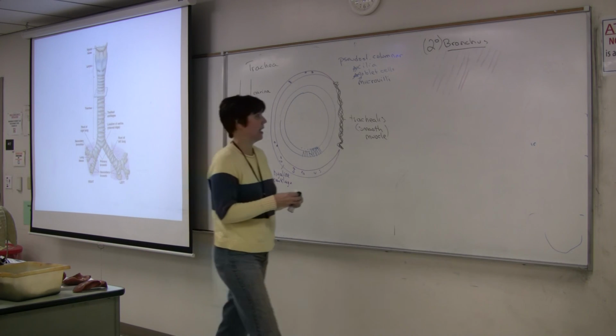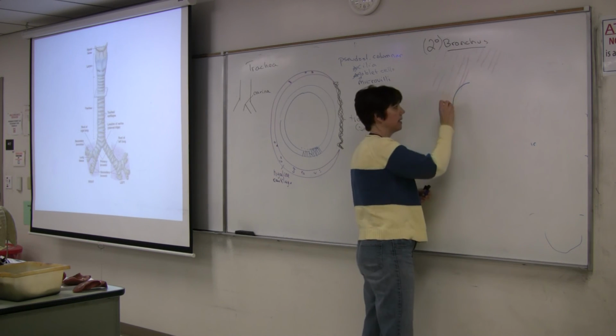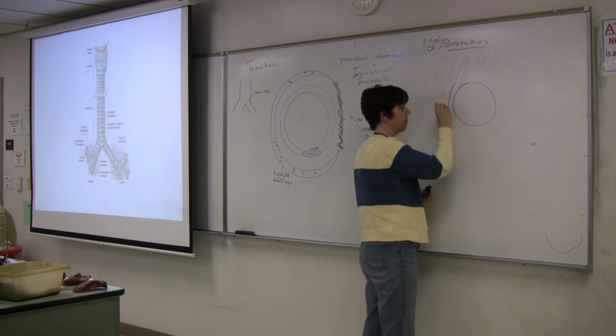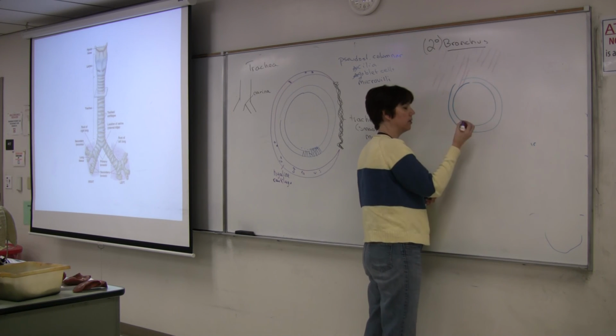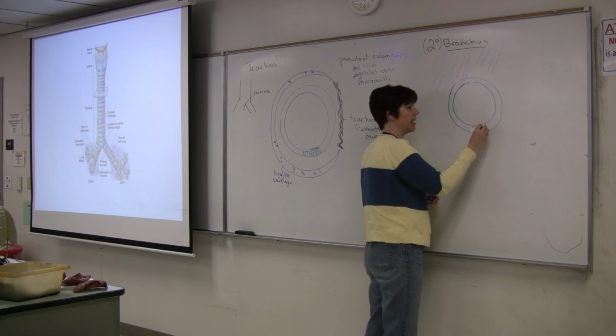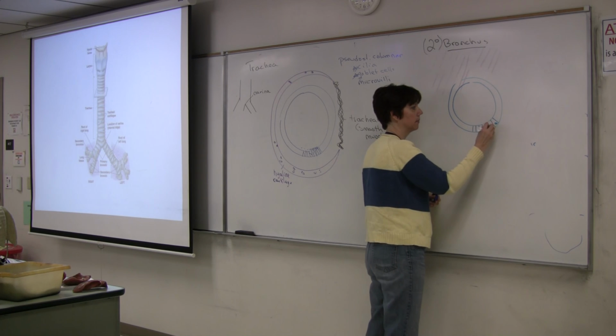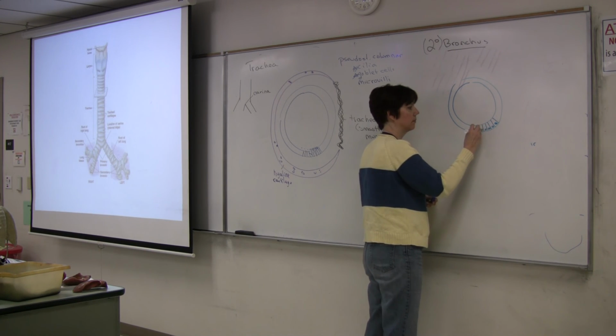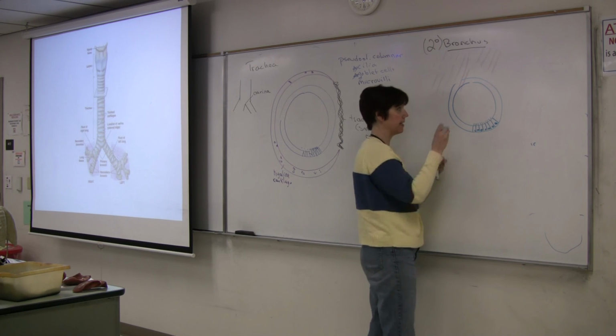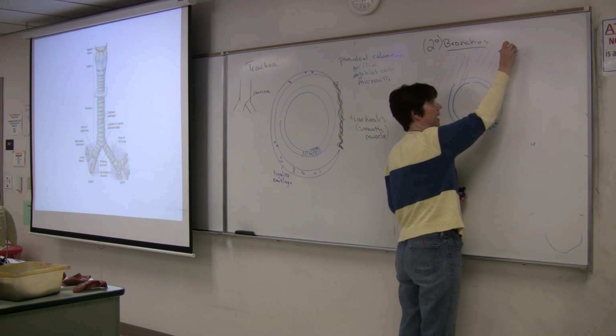So it's going to be smaller in diameter, and its epithelium now, instead of being pseudostratified, is just a basic simple columnar. Still cilia and still goblet cells.